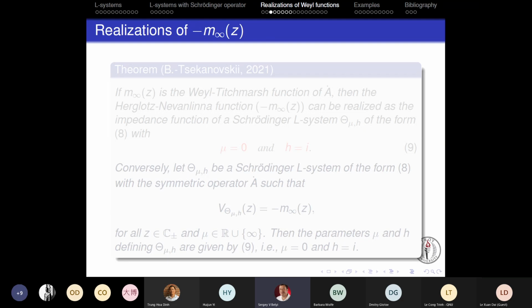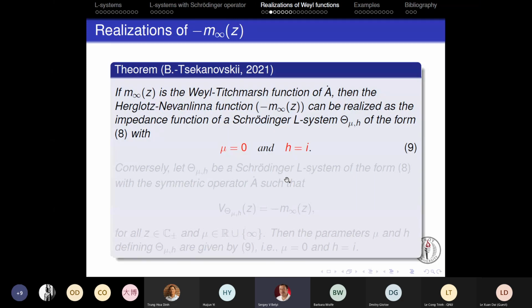Apparently, nobody tried to do this, even though those objects have been around for quite a long time. So it turns out that in order to realize a Herglotz-Nevanlinna function negative m infinity, one needs to take the value of mu equals 0 and h equal i. So these two numbers produce a system with 0 and i such that negative m infinity is the impedance function for this one.